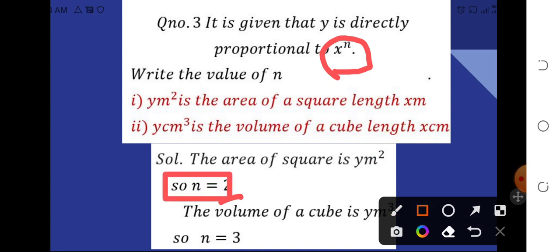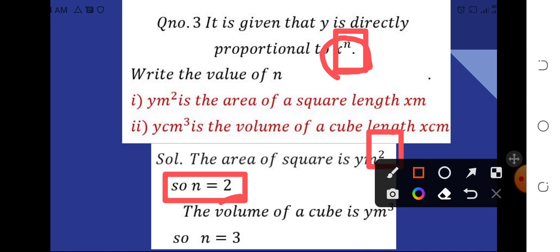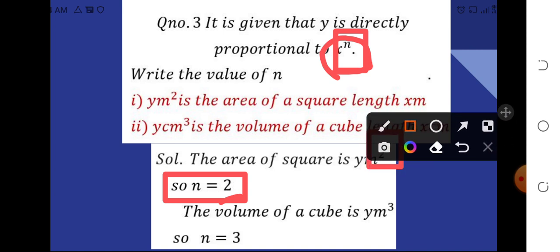The answer of part 1 is n is equal to 2, because the area of a square always has a square. They have given us this square, so n is also the square of x, so n is equal to 2.